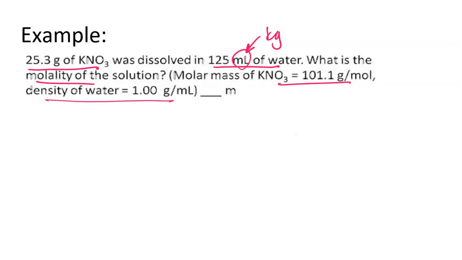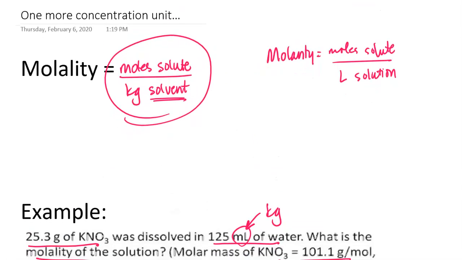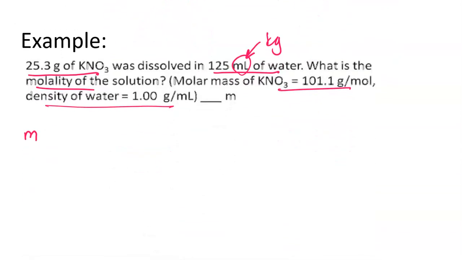So let's actually go ahead and start putting in our information. As I said, molality is abbreviated with a lowercase m, which is in contrast to molarity, which is abbreviated with an uppercase M. But for molality, it's a lowercase m, and that is moles of solute per kilogram solvent.